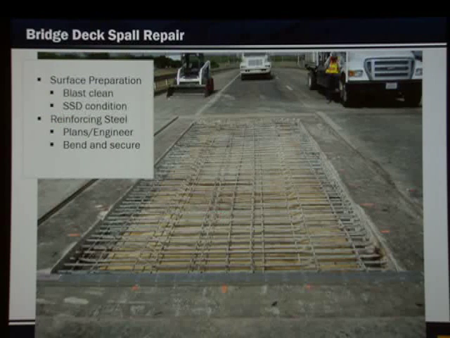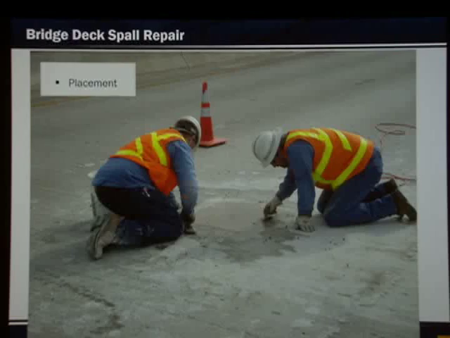Again, keep the substrate clean, clean the reinforcing steel, and achieve SSD by water blasting. If you need additional reinforcing steel, make sure that you follow minimum spacing and minimum lap lengths, and you can bend and secure the reinforcing steel as needed. And this guide works really well with Item 422, Concrete Superstructures, for placement and for forming.